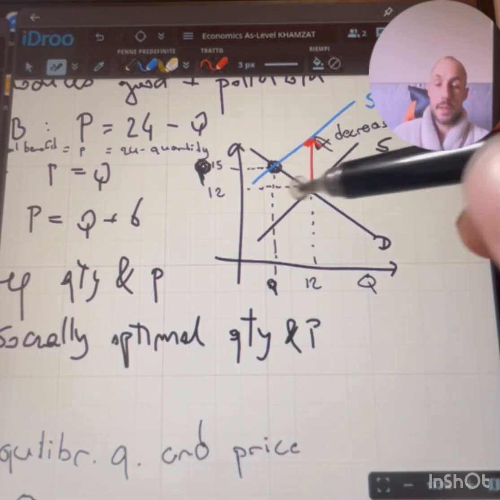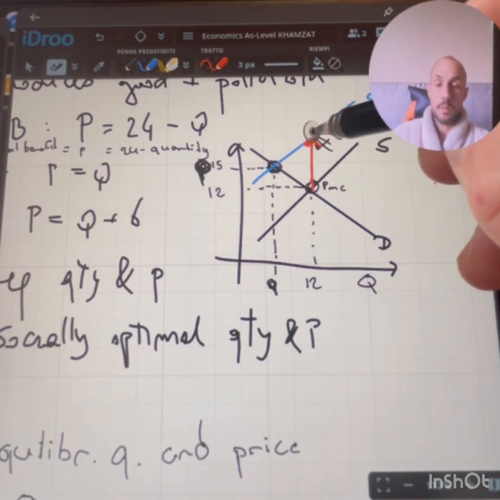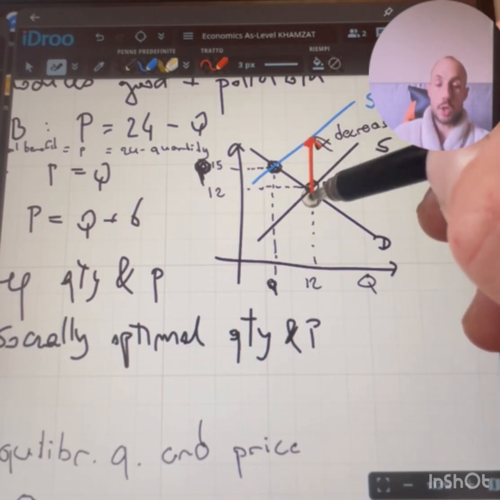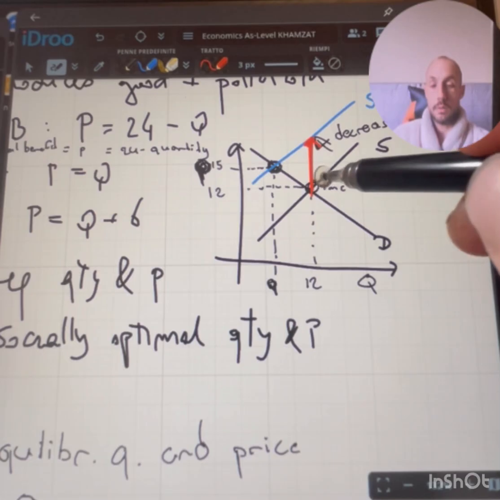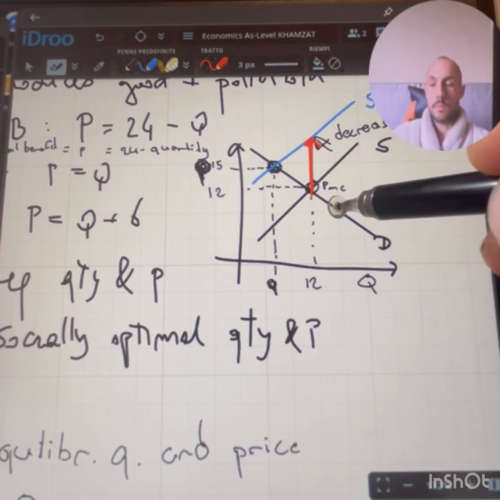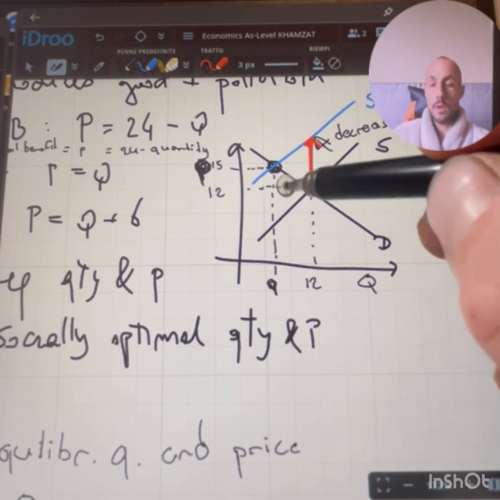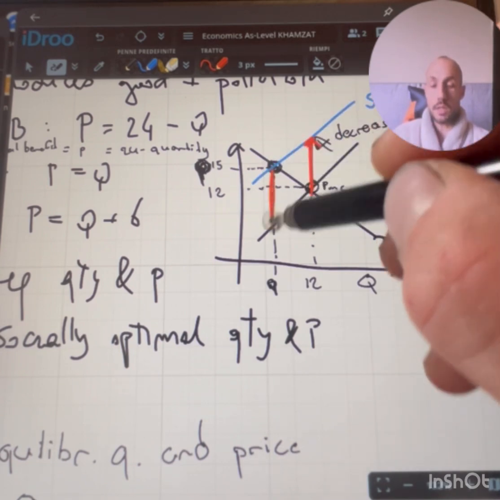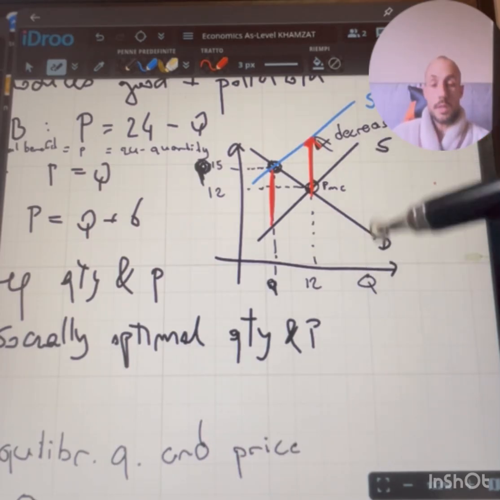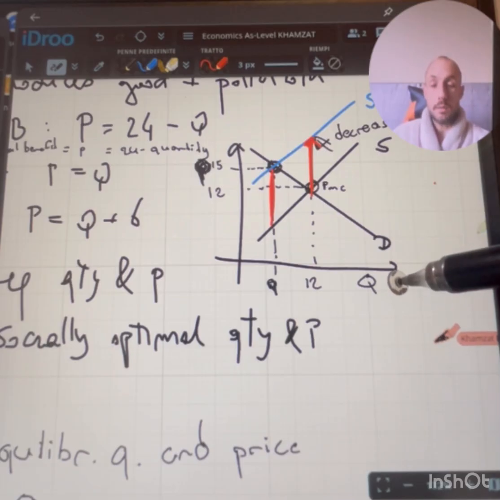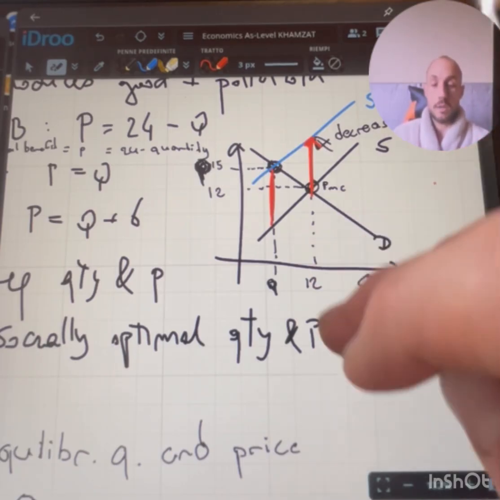So the distance is 6, because you have to measure this vertical distance at the equilibrium point. Either that distance or this distance, it doesn't really matter because these two lines are parallel, right? So the vertical distance between S prime and S is going to be 6 in this case.